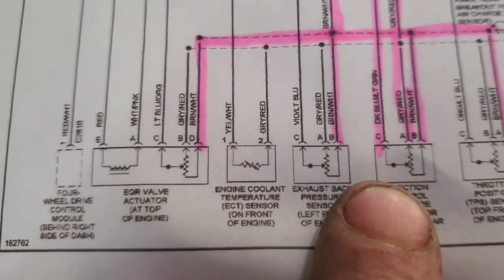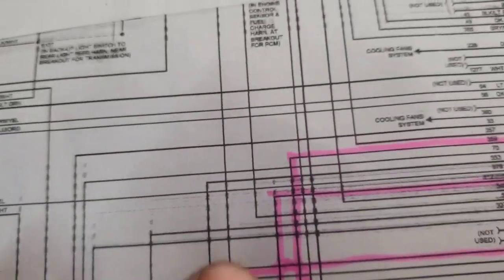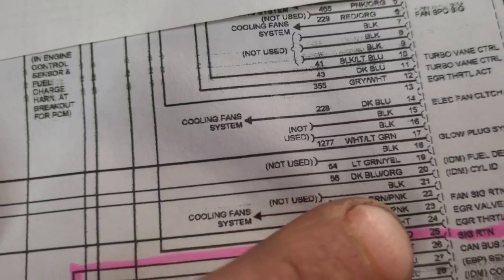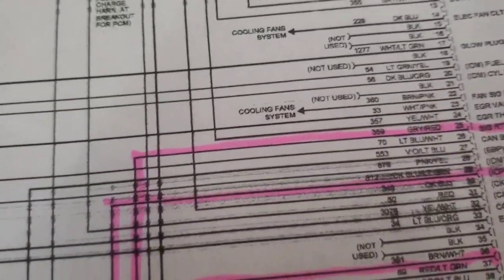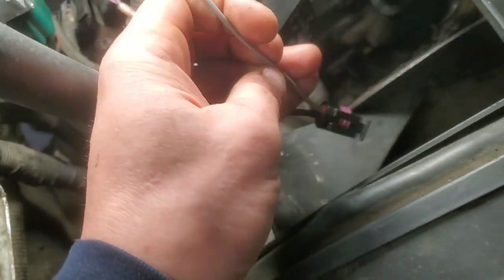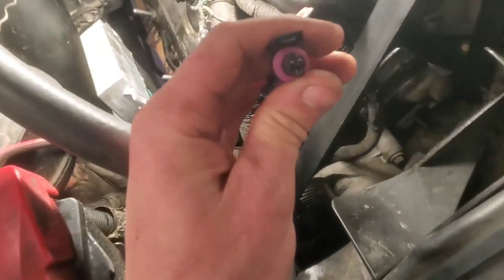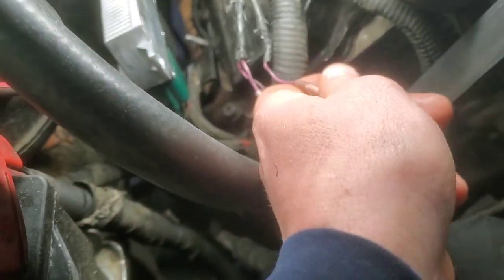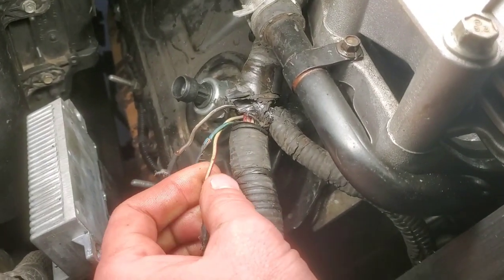It's a signal return, so it's this one right here, and it goes up here to pin 25 of the PCM, signal return right there. It's a gray and red wire. So we're looking at pin 1, which again is on the top right when we're looking at this. So we follow this back in here, and that is indeed the gray and red wire.